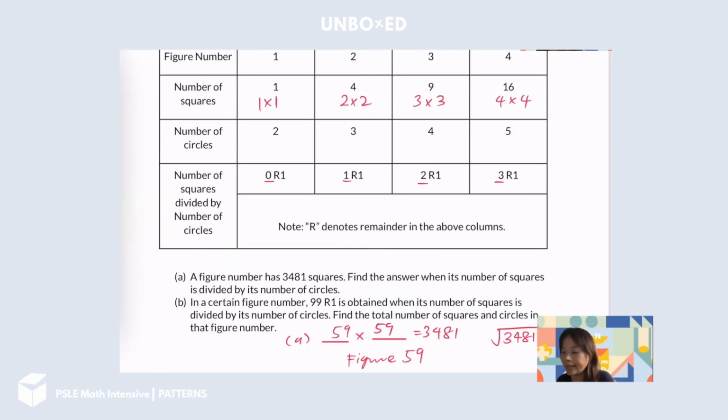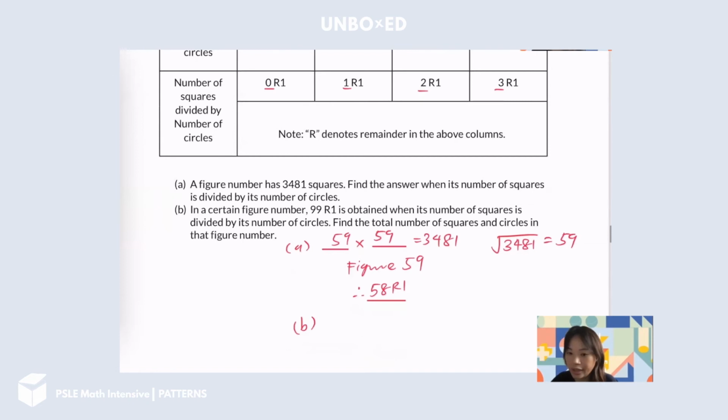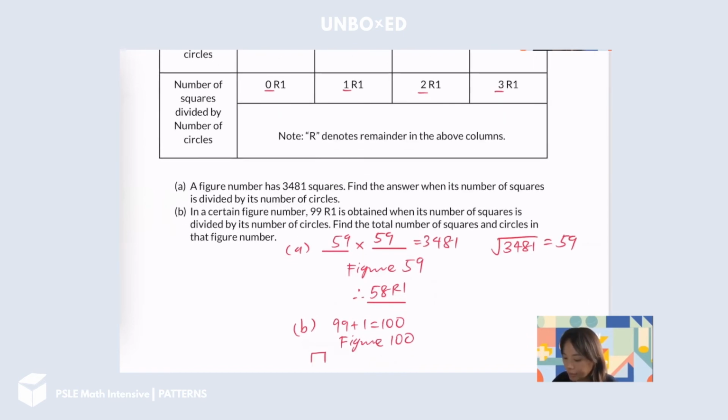We talk about the 99 remainder 1, which is actually referring to figure number 100, right? So I look at the number of squares and the number of circles. For the number of squares, it is 100 times 100, which gives you 10,000.